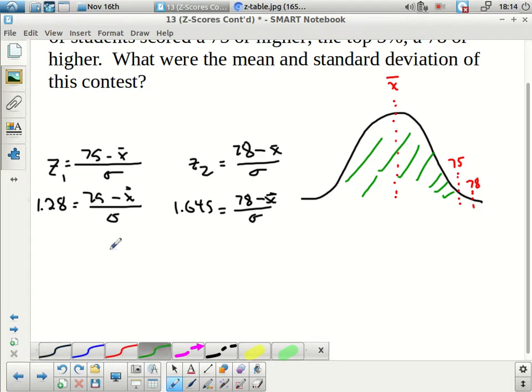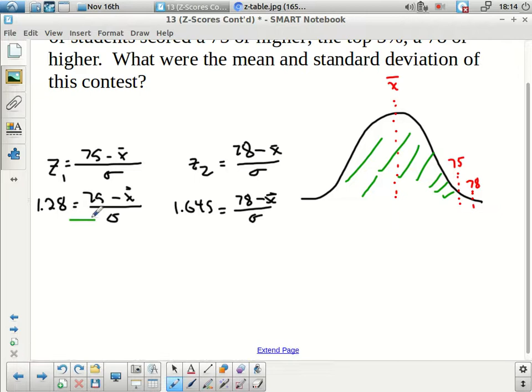Okay, I'm going to rearrange each equation where I just switch, right, the standard deviation and this number. I multiply by sigma to bring it up, and I divide by this number to bring it back down. So I'm going to have sigma equals (75 minus x bar) over 1.28. Okay, and on my other side, when I do the same switch, I'm going to have sigma equals (78 minus x bar) over 1.645.